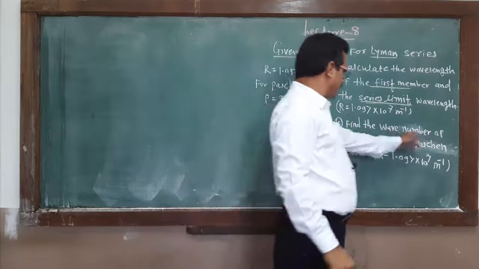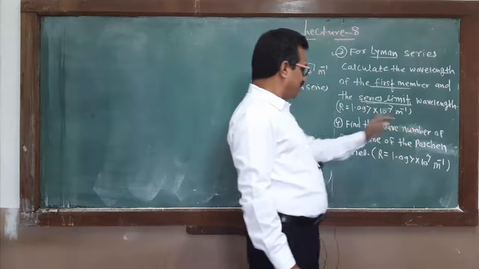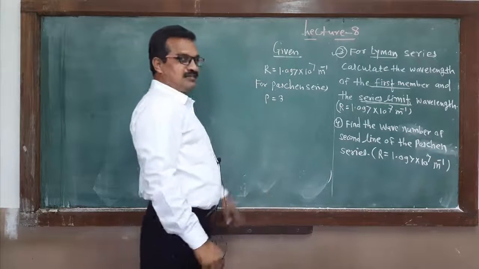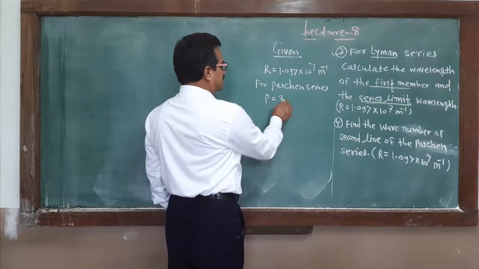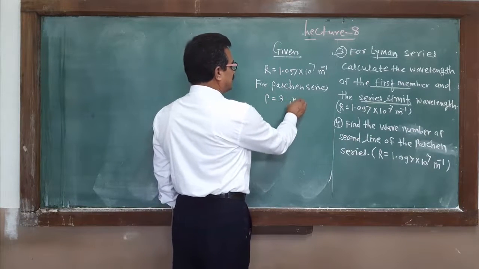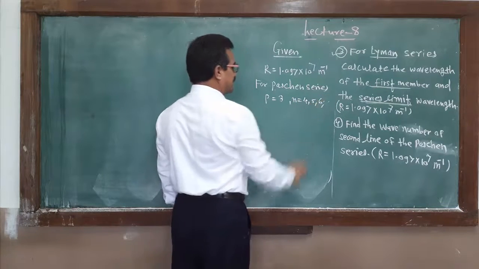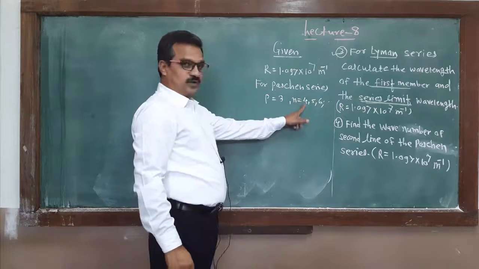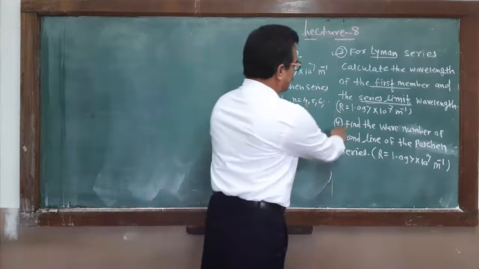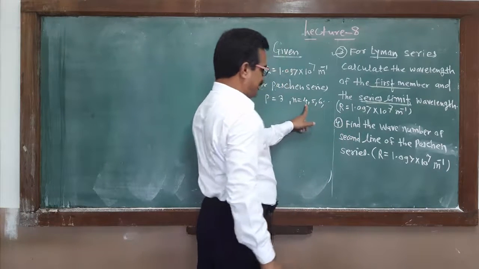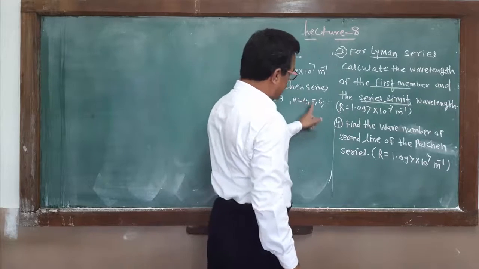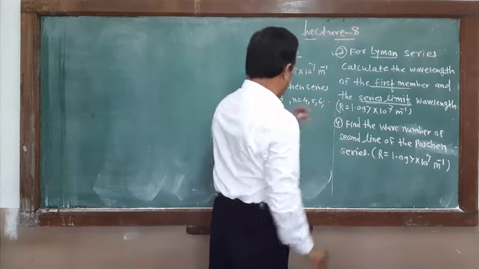And find the wave number of the second line of the Paschen series. For the second line means the next orbits: n is equal to 4, 5, 6, etc. When n is equal to 4, we get the first line. But when we consider n is equal to 5, we get the second line.